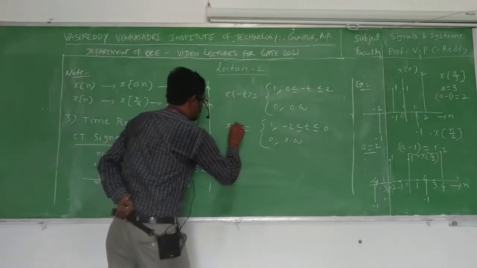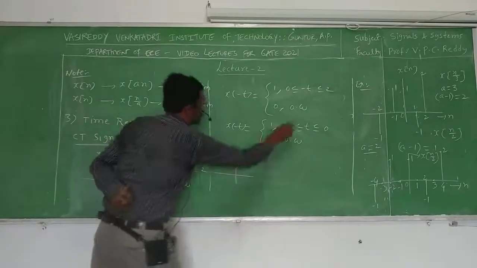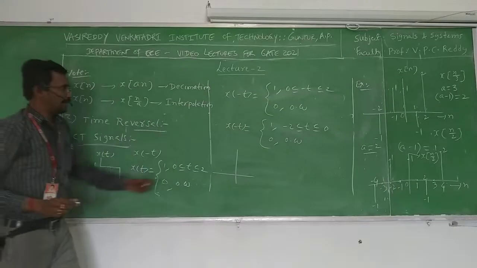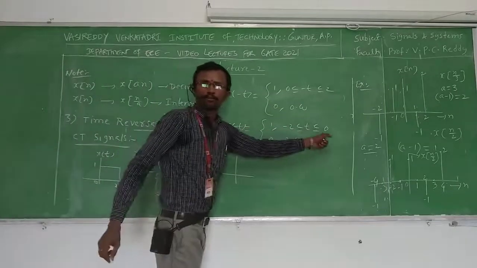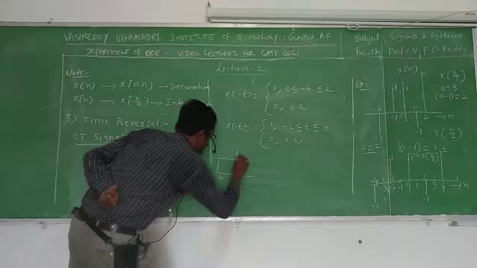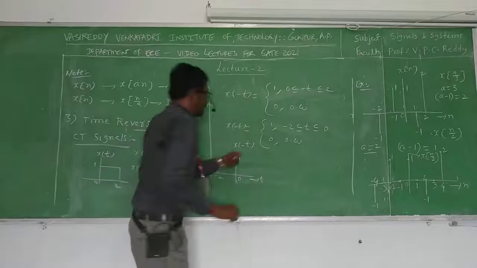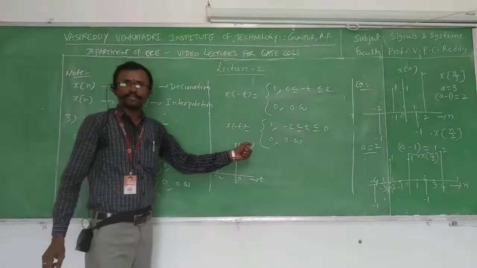This is x of minus t. Now let us try to plot it. The original is from 0 to 2, whereas this is from minus 2 to 0, with magnitude 1. This is x of minus t, which is nothing but the time reversal version of the given signal x of t.